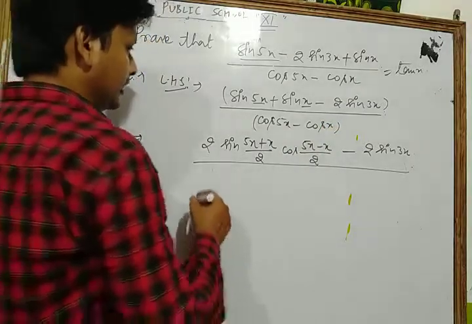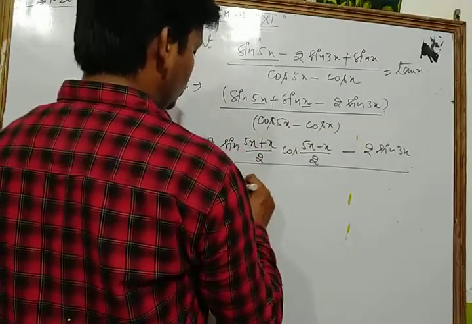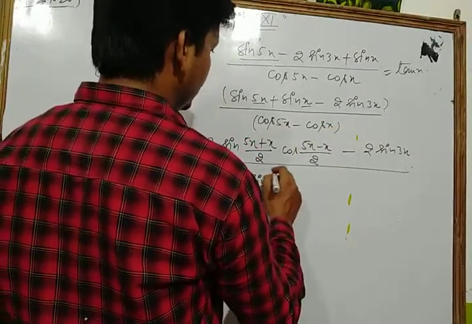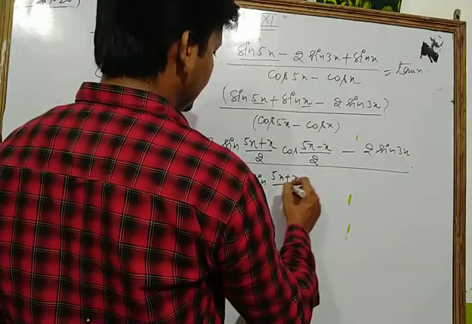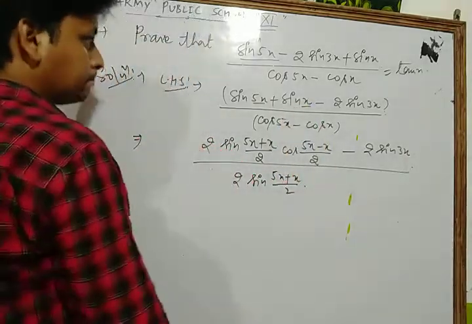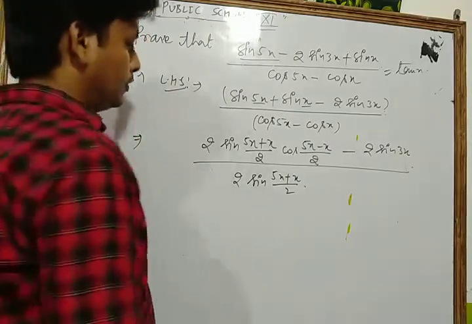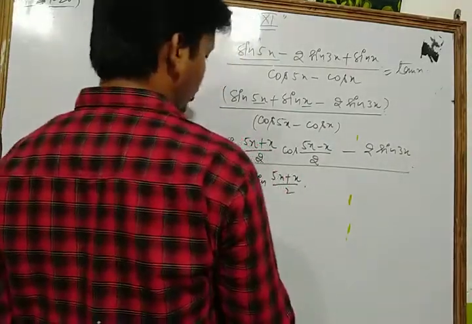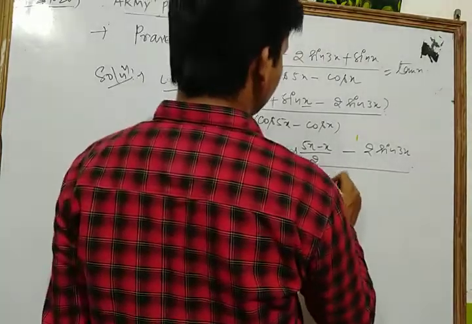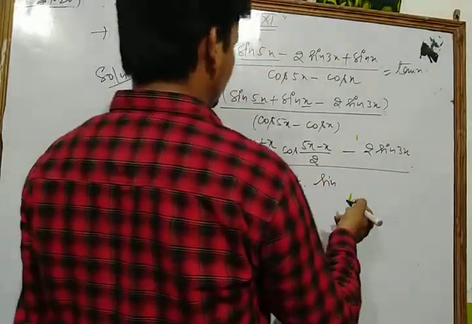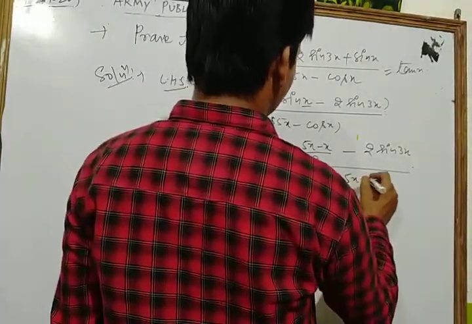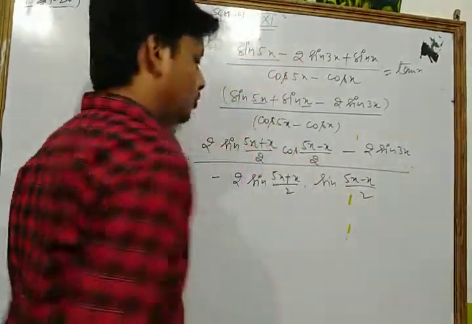Then what I get is 2 sin (c plus d) by 2. Take the minus sign in common: 2 sin (c plus d) by 2 into sin (c minus d) by 2, that is (5x minus x) by 2.